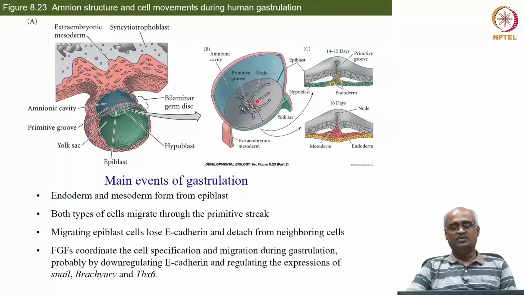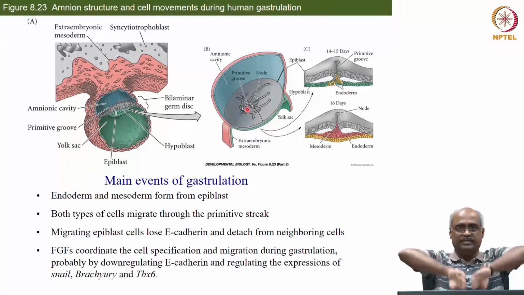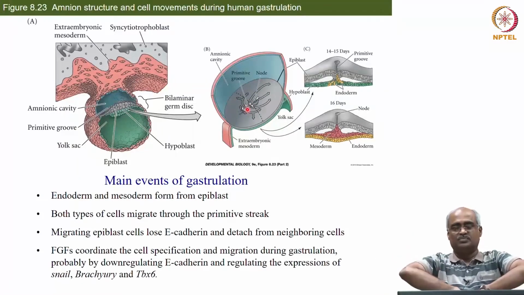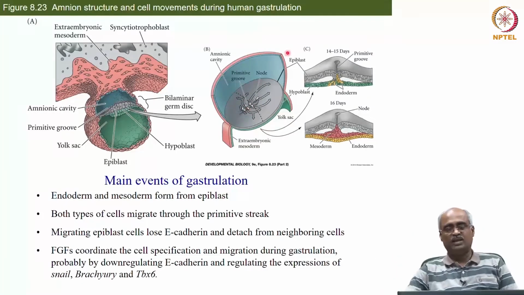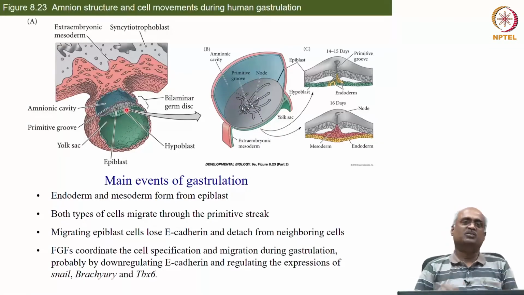The node and primitive streak are structures through which the cells go inward between these two layers, the gray and the green layers, and that is how the endoderm and mesoderm are going to form.